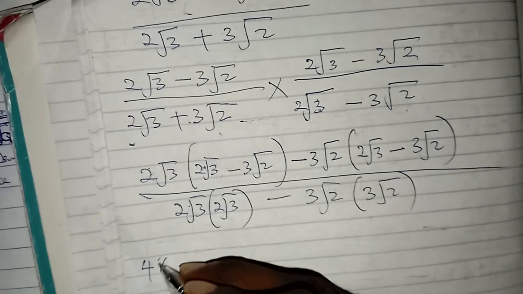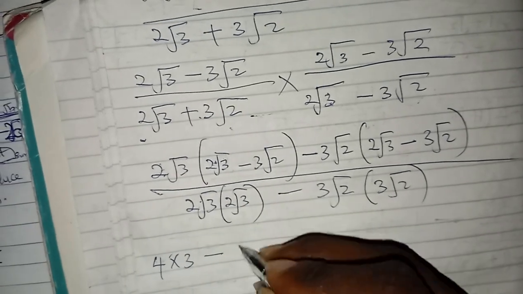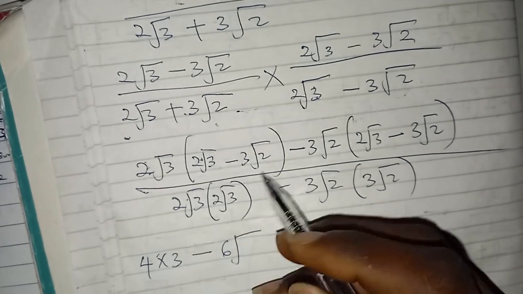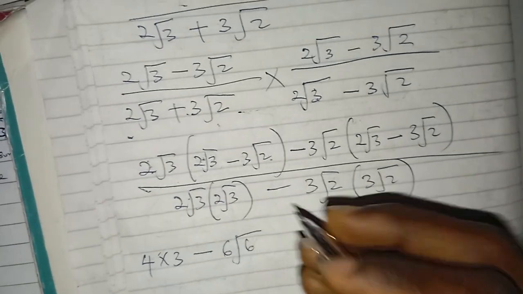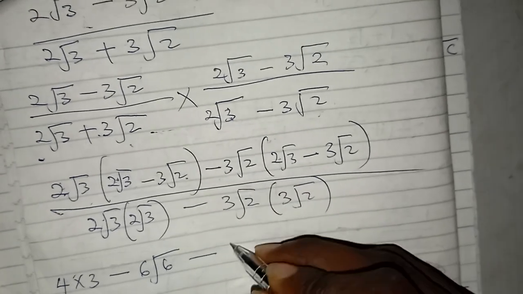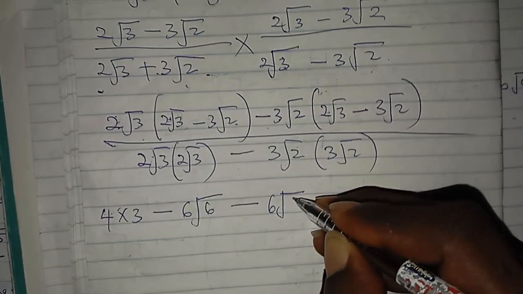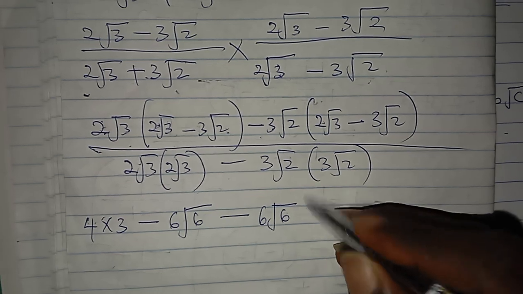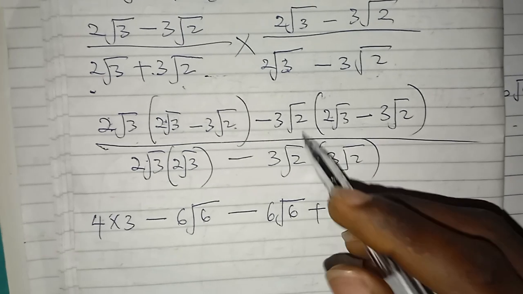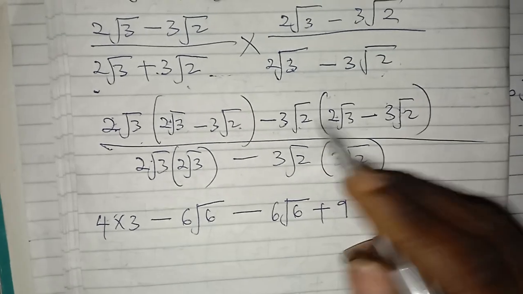Then times 3 minus 6 roots, 2 times 3, 6 minus 6 roots 6 plus 9 root 2 square is 2.